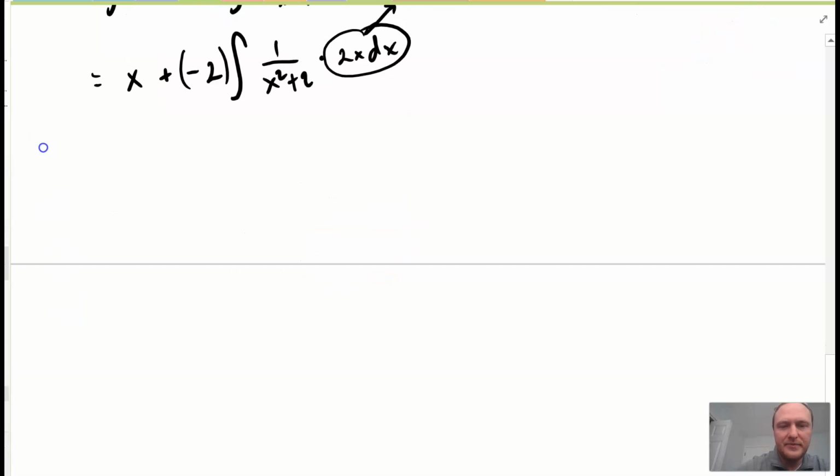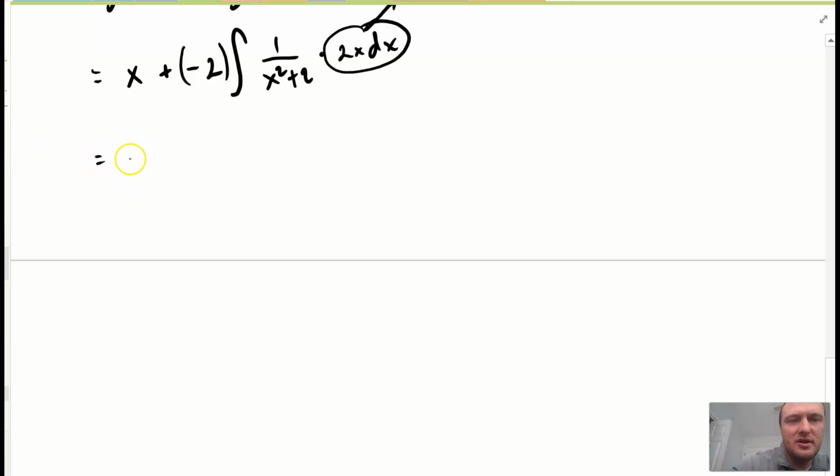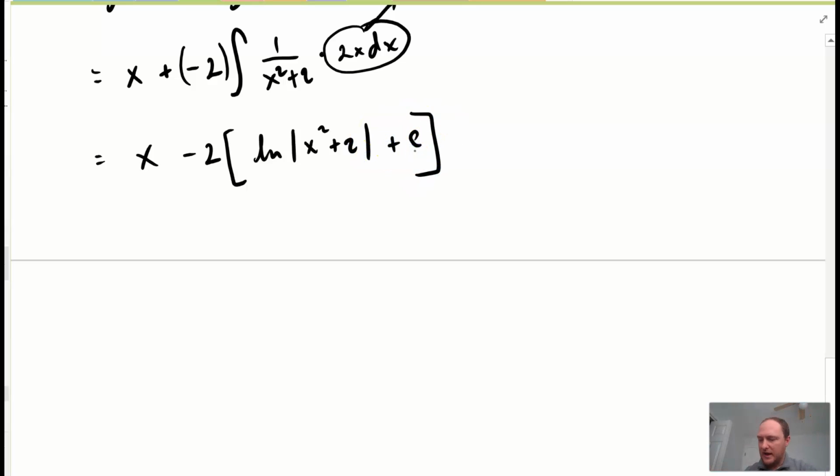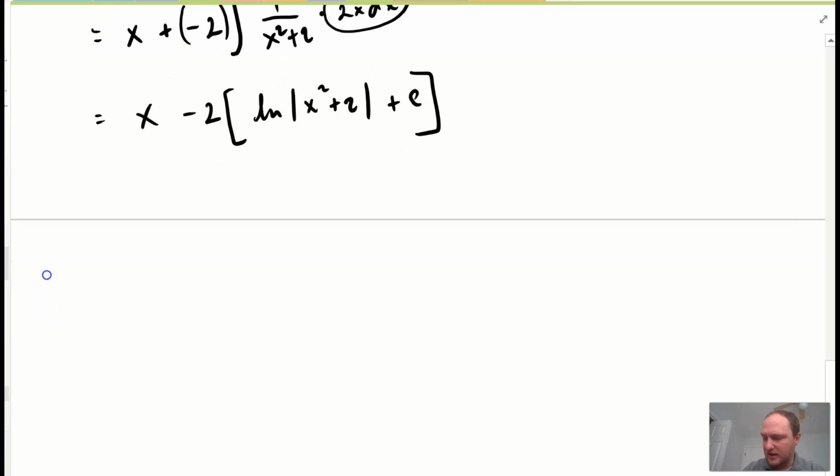That's going to go away. So this becomes equal to x minus 2 times, and again, this is the natural log of the absolute value of x squared plus 2 plus c. Okay, and there is your answer.